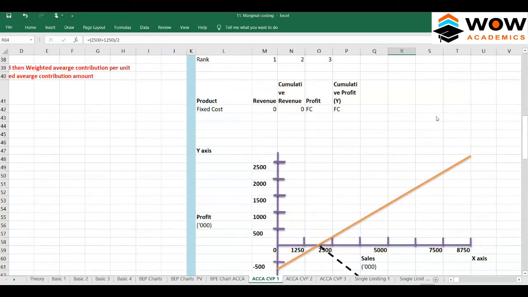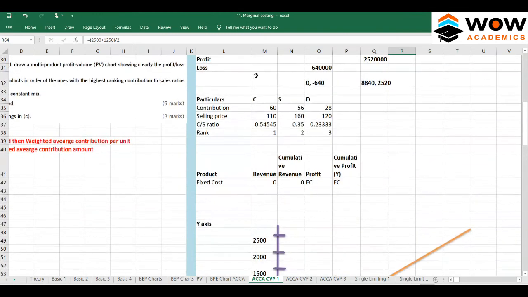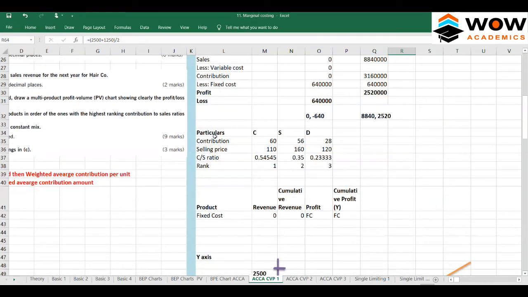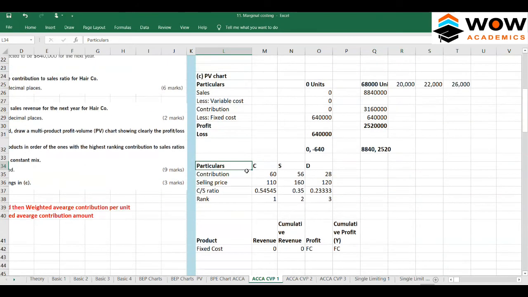So we have to draw the second line based upon the contribution per unit. We have already drawn a chart based on constant sales. Now we have to draw a chart based on high CS ratio.